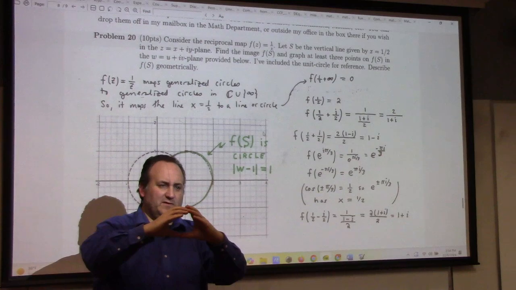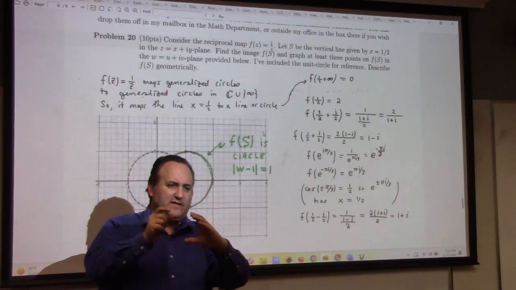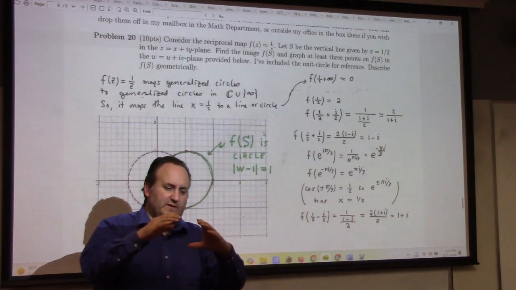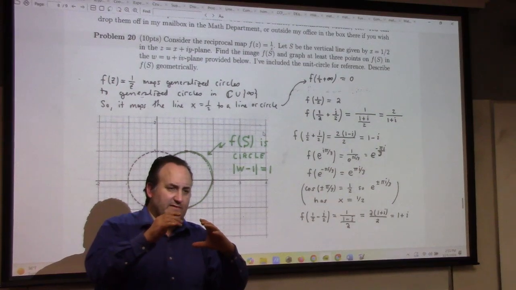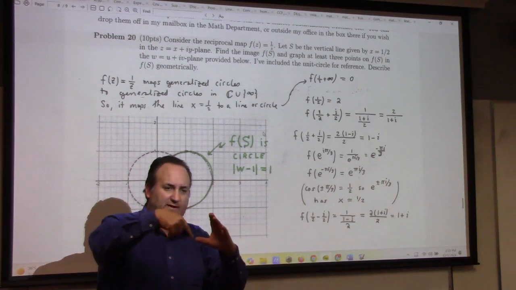It takes the unit circle and kind of twists it, because it sends e to the i theta to e to the minus i theta. 1 over e to the i theta is e to the minus i theta. So it would take something at 45 degrees and reciprocate it down to minus 45 degrees.